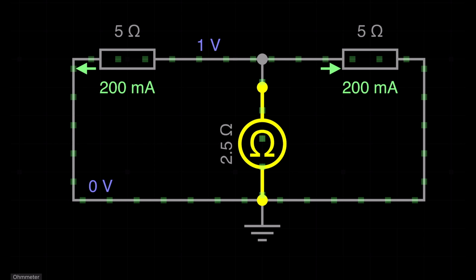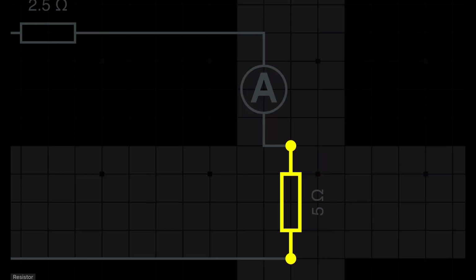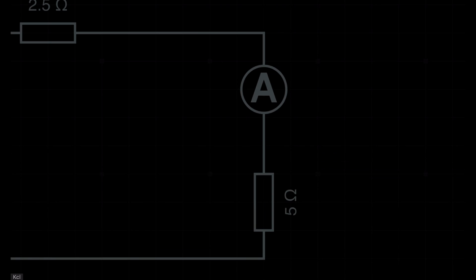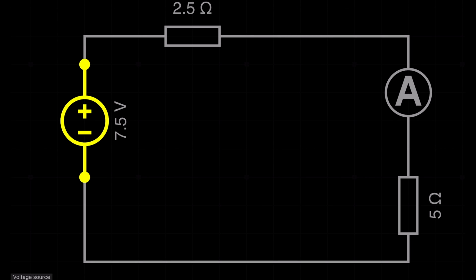Now what do we need to do? We need to replace this one by the equivalent circuit of the Thevenin's theorem. I already did that one, and that is this one, right? Here you can see the voltage VTH, series resistance 2.5 ohm and load resistance 5 ohm.